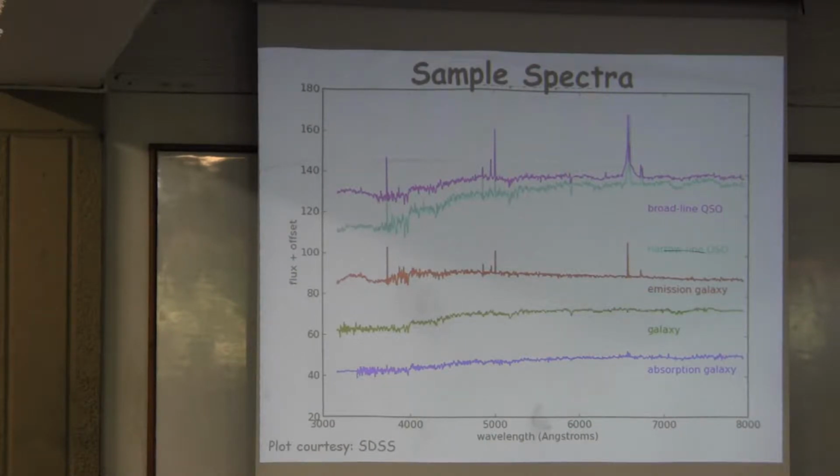H alpha, for example, is often used as a tracer for star formation activity. So if you measure that line and you can calibrate it because you know how far away your galaxy is, then you can, for example, derive the star formation rate.